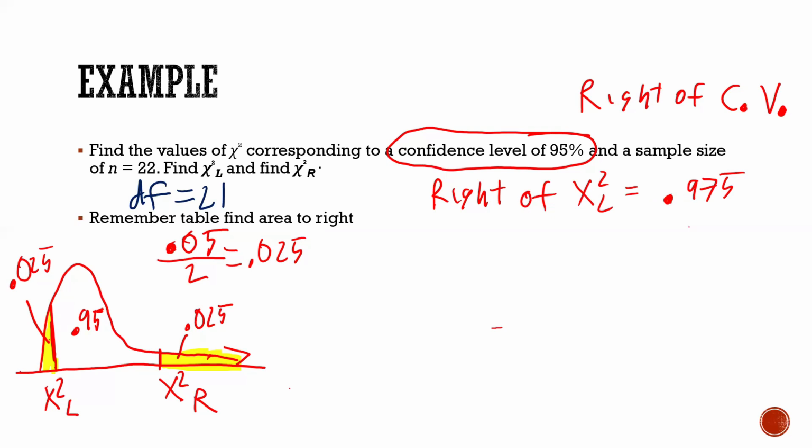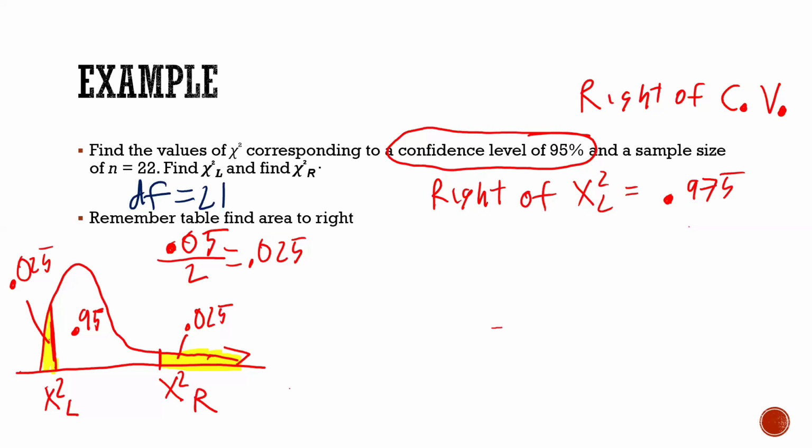Or I could say, well, to the right of this value is this white portion, which is what percentage? Yeah, 95 as a percent or 0.95, right? And the right tail, and you can add them together and get 1.